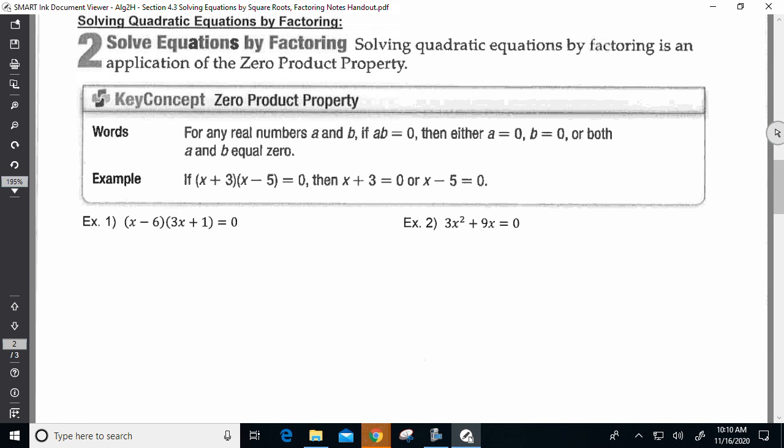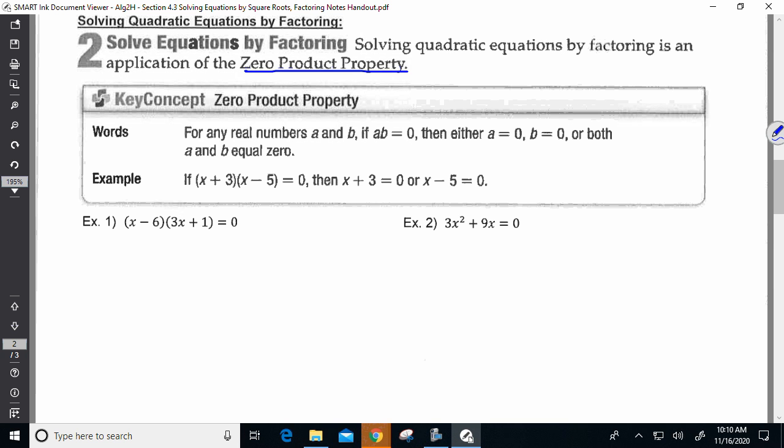Now let's factor. In the beginning, in the prerequisite unit, we reviewed all the methods of factoring. Now we're going to actually solve equations by factoring. To solve equations by factoring, we need what's called the zero product property.